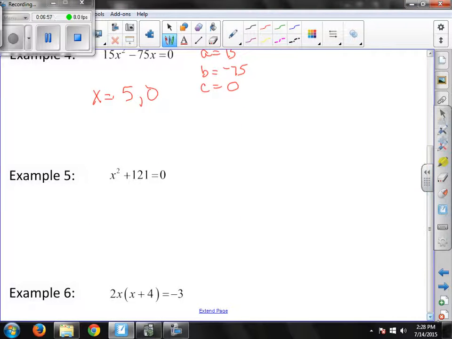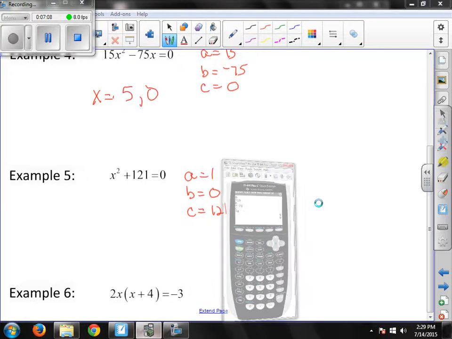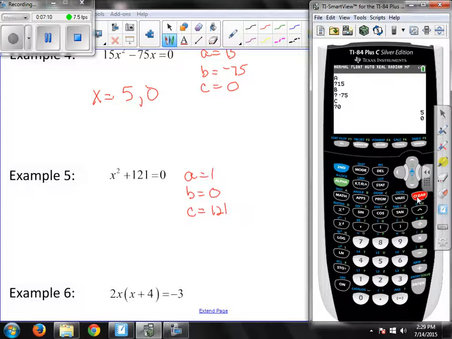Example 5, my A is 1, my B is missing this time, it's 0, and my C is 121. Let's do our program. Let's press enter one more time to get rid of this.